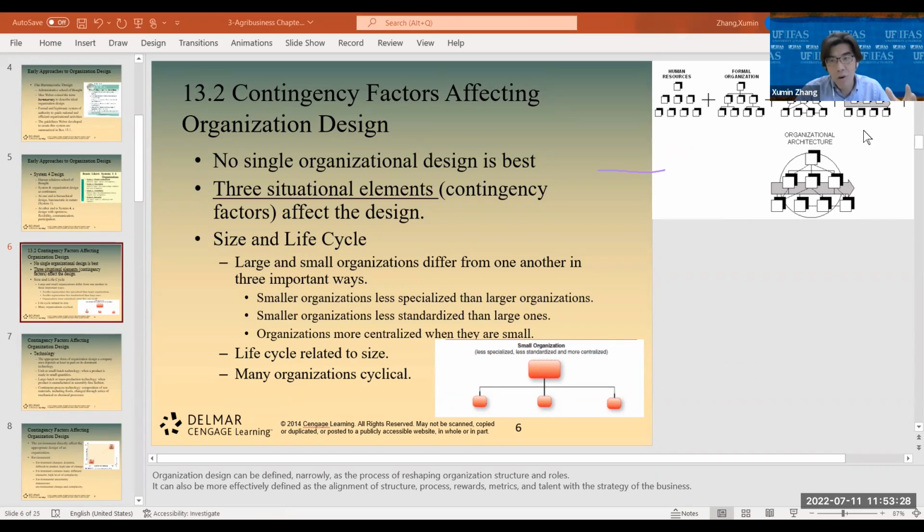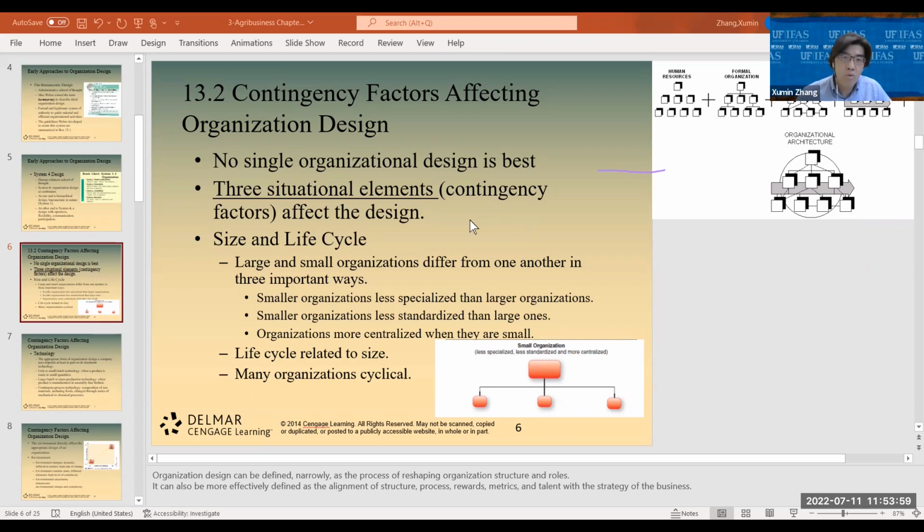The alignment of all of these together becomes the organization design. So organization design is a much bigger topic. The organization chart is different from company to company, and it is not static. It is dynamic, changing all the time.